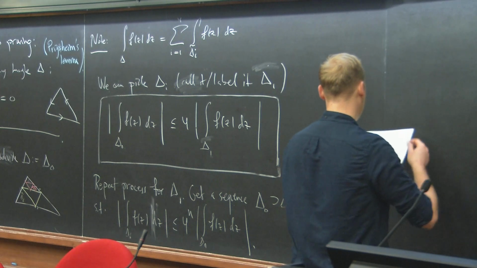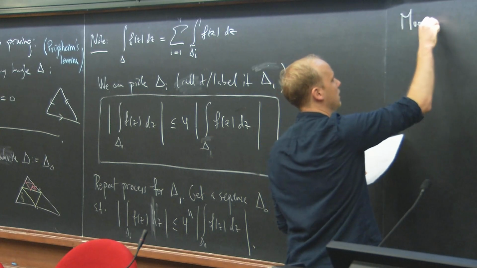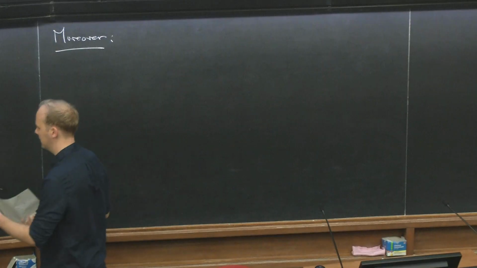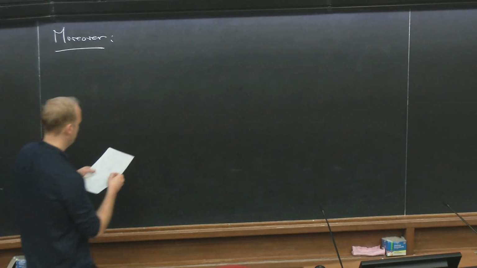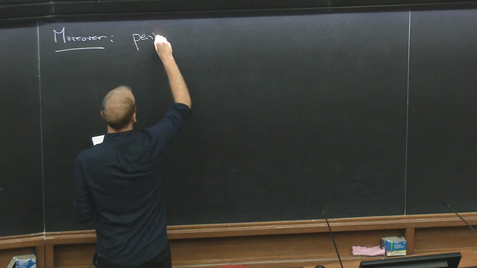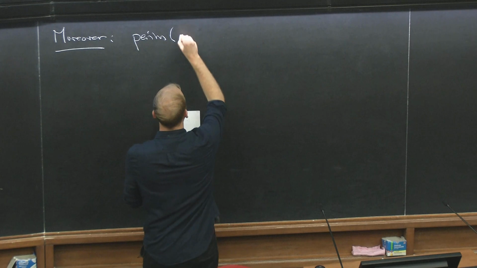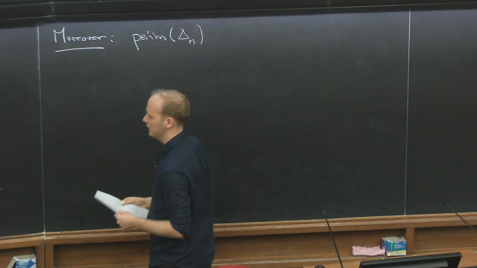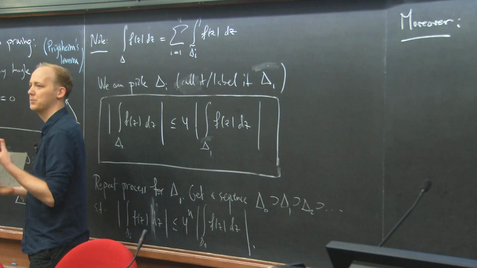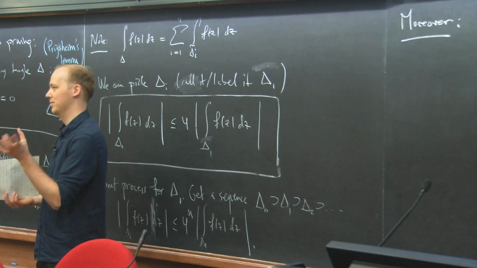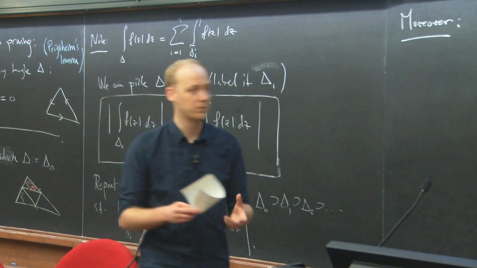Okay, so we get this sequence, and moreover, if we look at the size of this subdivision, so what is the perimeter and what is the diameter of these triangles? Okay, so the perimeter of delta n. Since I do this subdivision where I divide each side of a triangle in exactly half, then basically all of these measures of perimeter and diameter will be exactly divided by 2 as well.